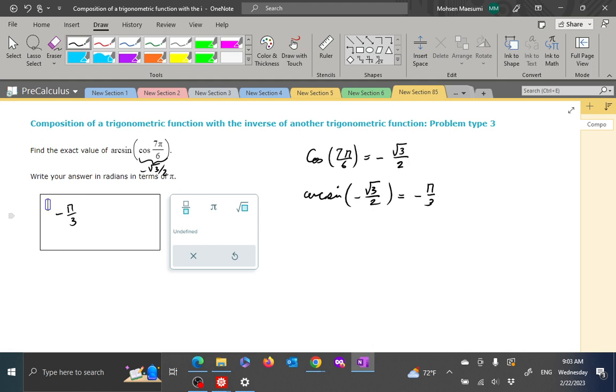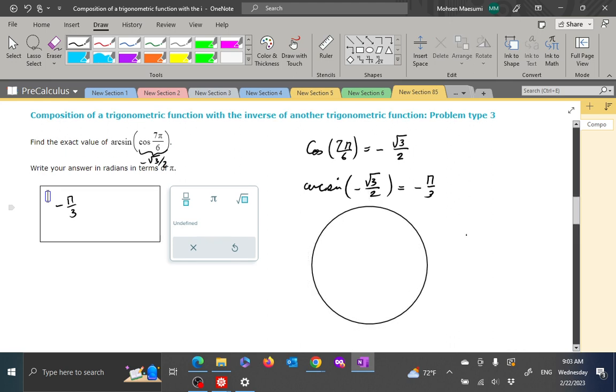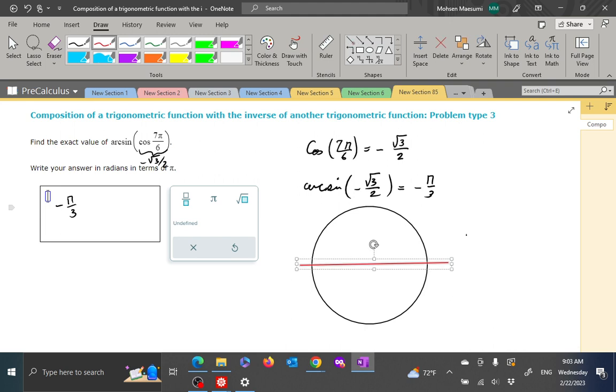Now suppose we want to arrive at this answer by drawing a picture. Let's see if we can spend a bit of time making the picture a bit more clean. So suppose here's my unit circle, and this looks reasonable enough, maybe.